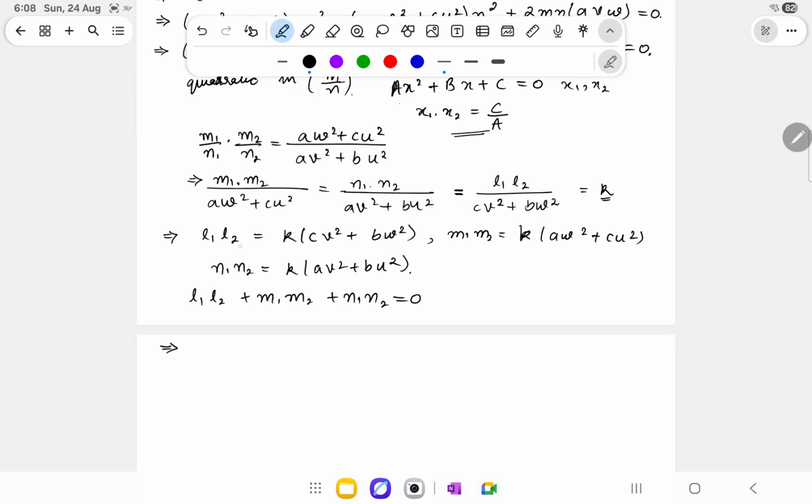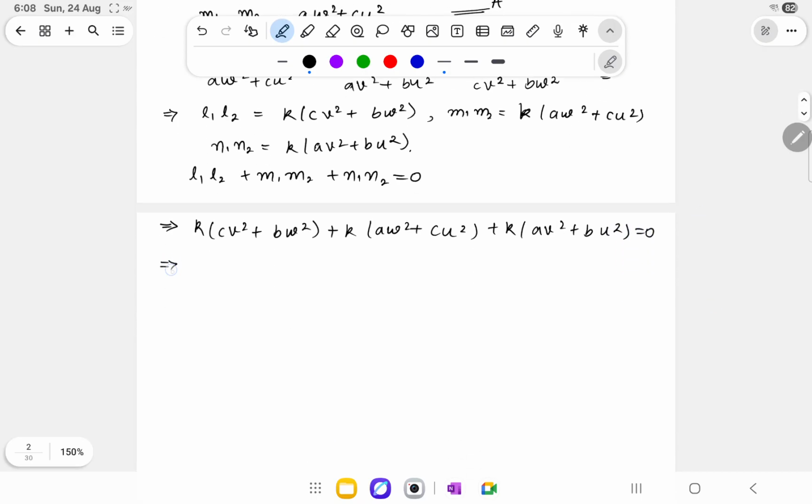So if I put the values of L1 L2, m1 m2 and n1 n2 in this equation, what I'll get is k into cv square plus bw square plus k into aw square plus cu square plus k into av square plus bu square equals 0.